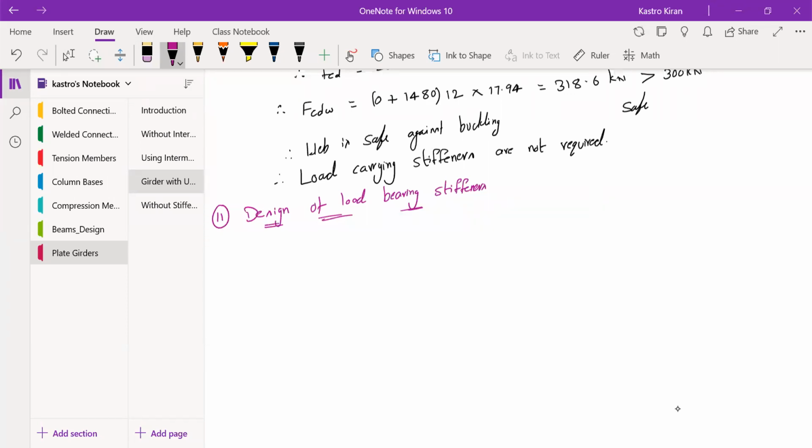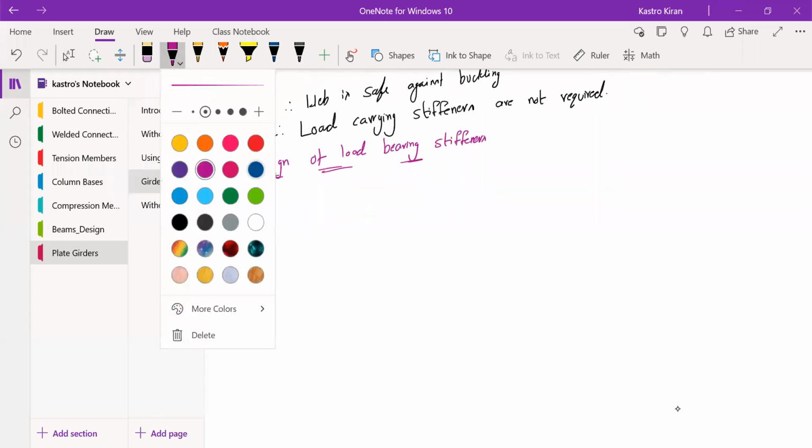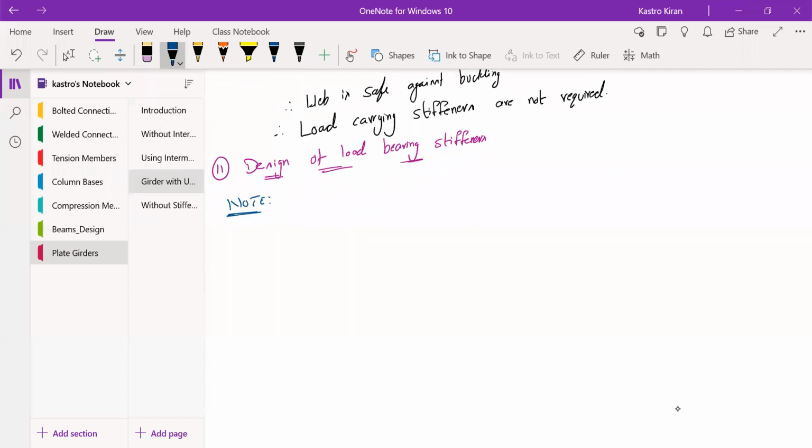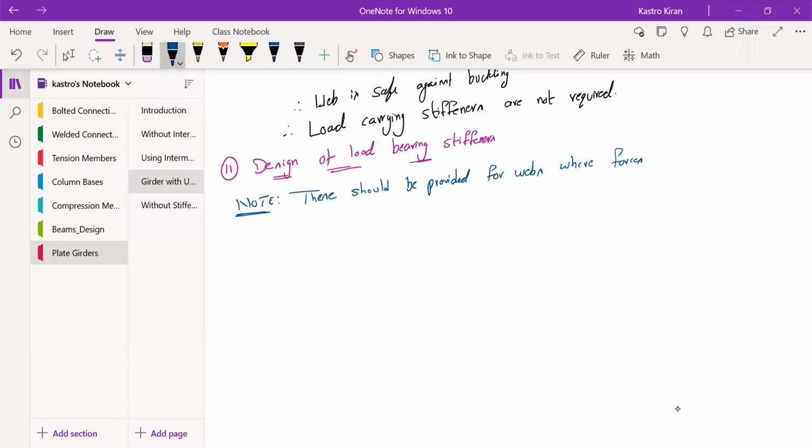I'll tell you. You can write this statement as a note. Note: load bearing stiffeners should be provided for webs where forces applied through a flange by loads or reactions exceed the local capacity of the web.